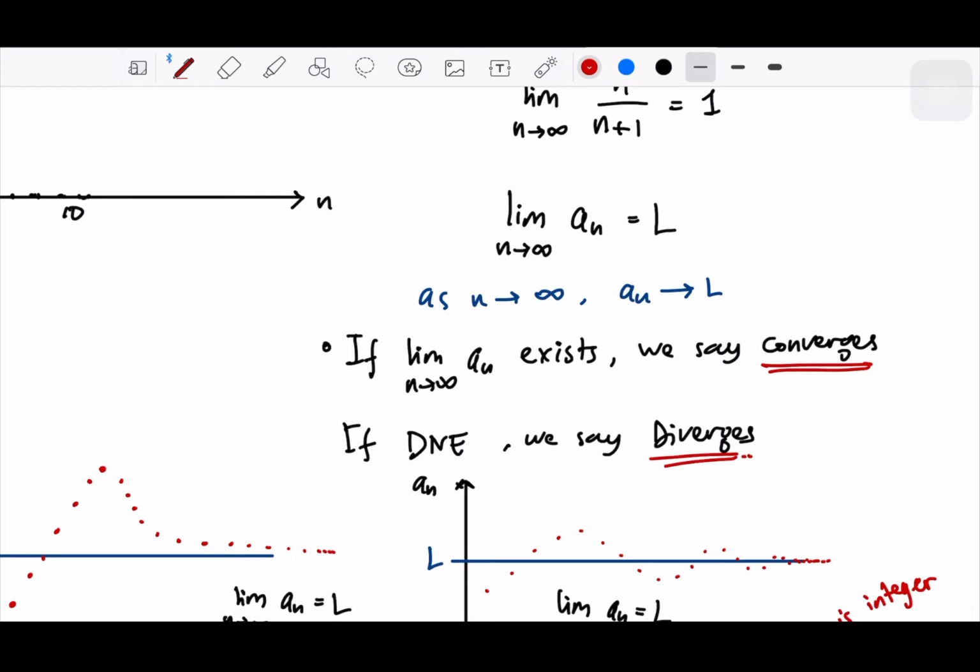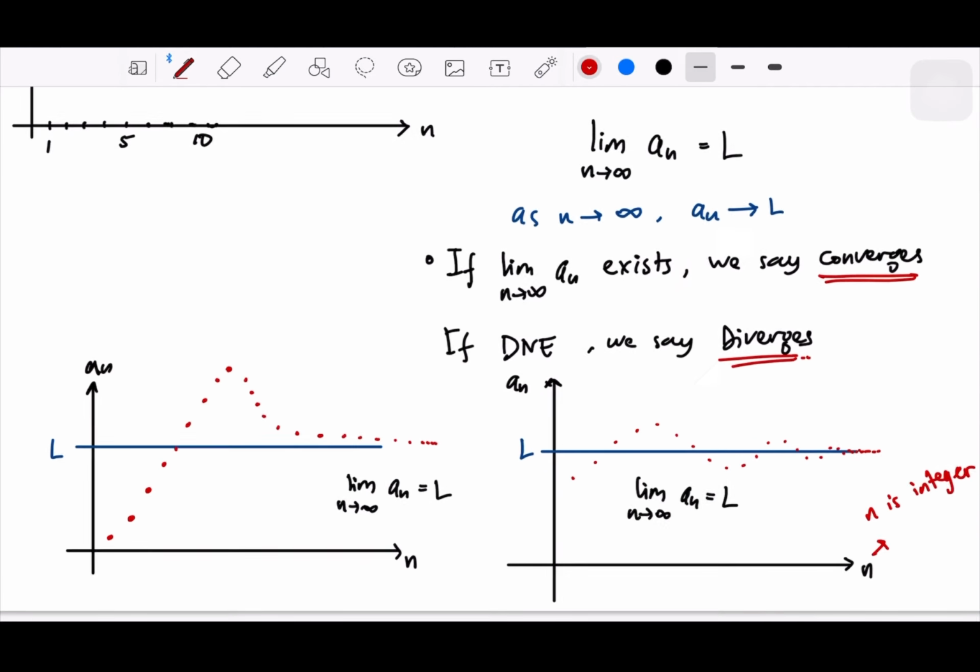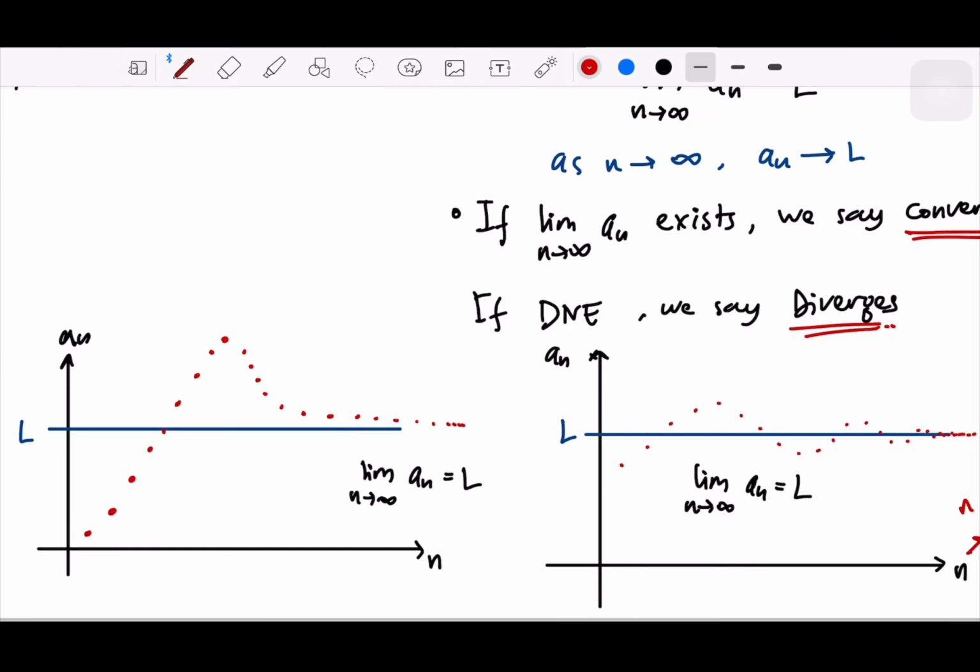Okay. And then we can see some visuals of how the limit looks in terms of the sequence. We can have this, like the left one. We can have some random sequence at first, but later when you increase n, maybe it will reach a certain value, and of course it has a limit, and we can say that it is convergent.